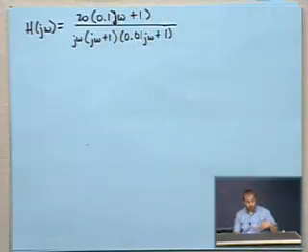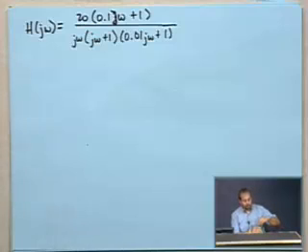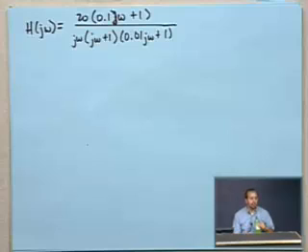There's our transfer function, and it's more in that kind of canonical form. If we want to find out where the corner frequencies are, we need to do a little bit of very simple math.